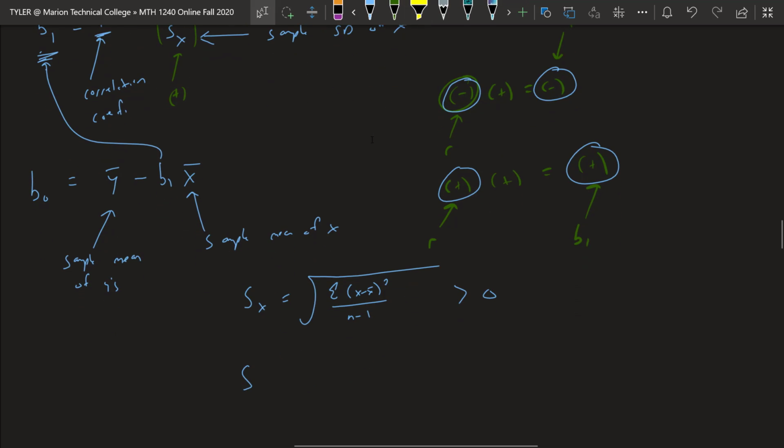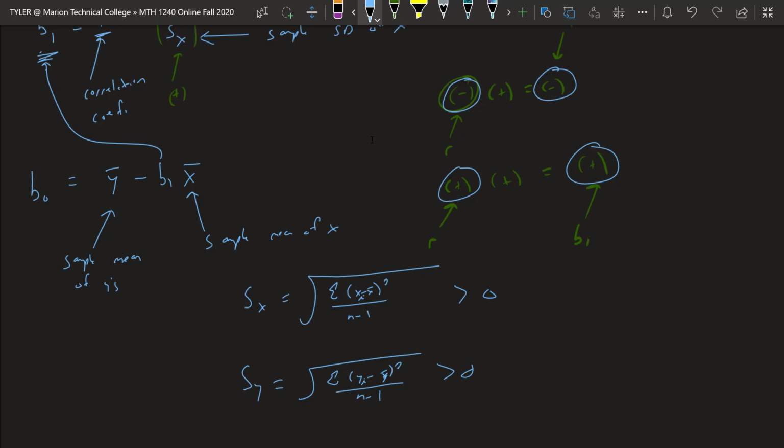Then s sub y would be the same equation, except we would be taking the y values minus the y bar, squared, divided by n minus 1. If you wanted, you could use the subscript i just to note that those are different values.